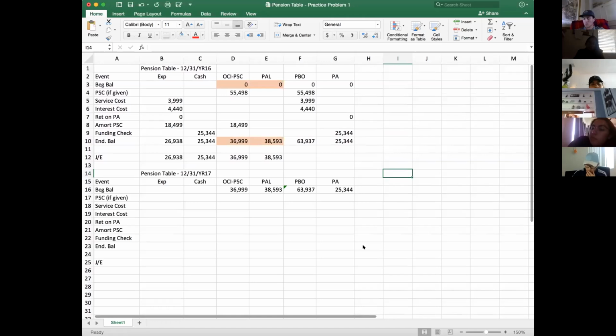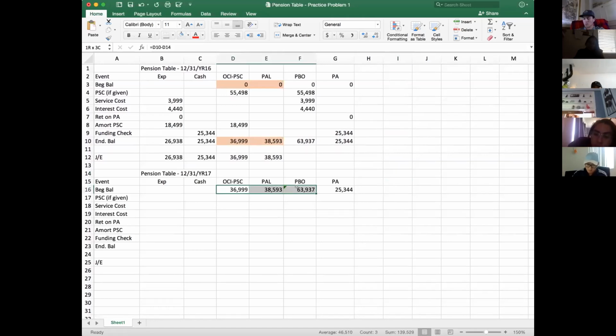So what's different from the previous year? Now we have this OCI prior service cost, plan asset or liability, PBO, plan asset, beginning balances.